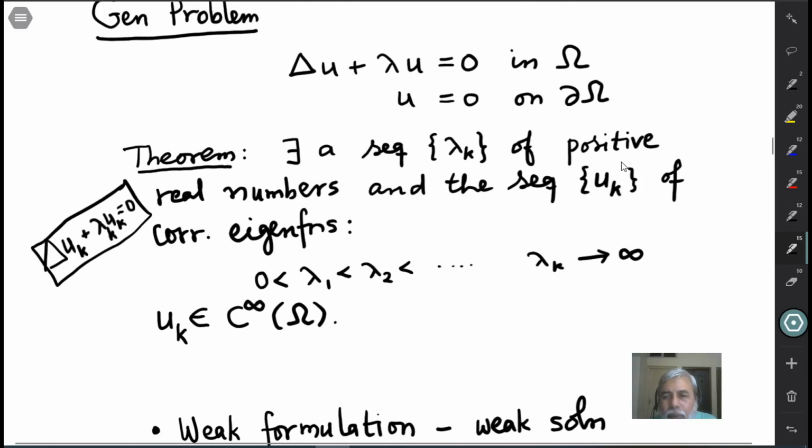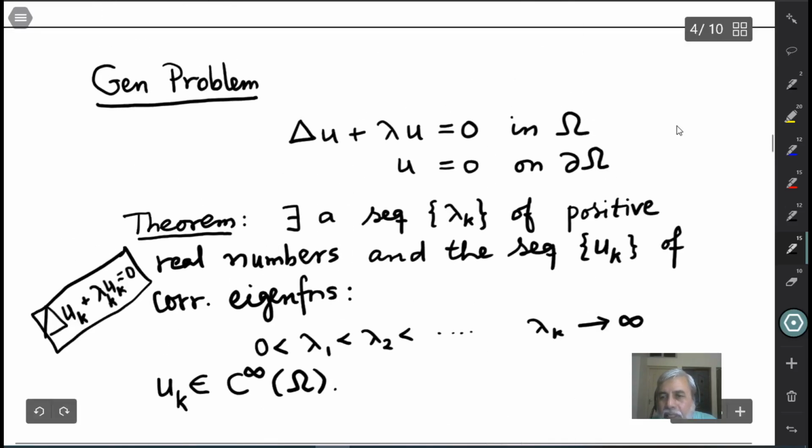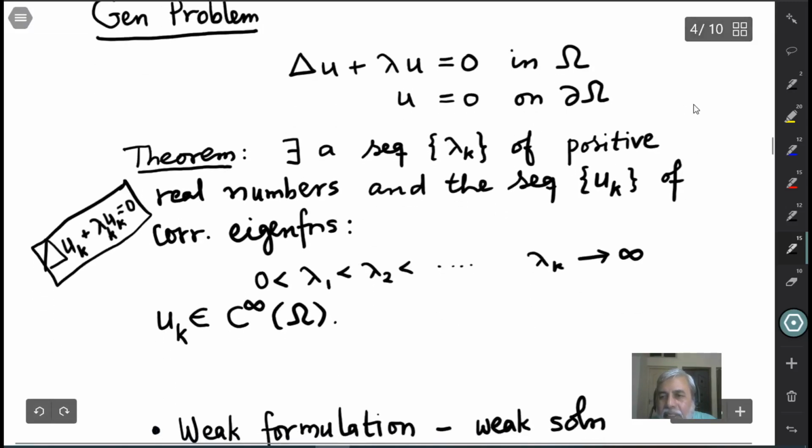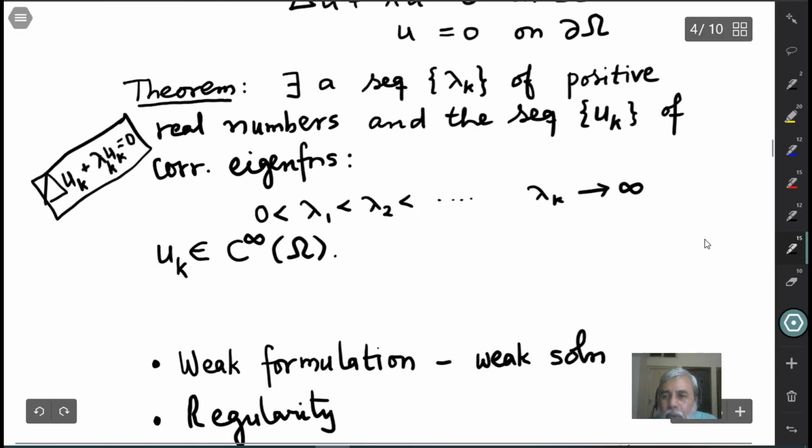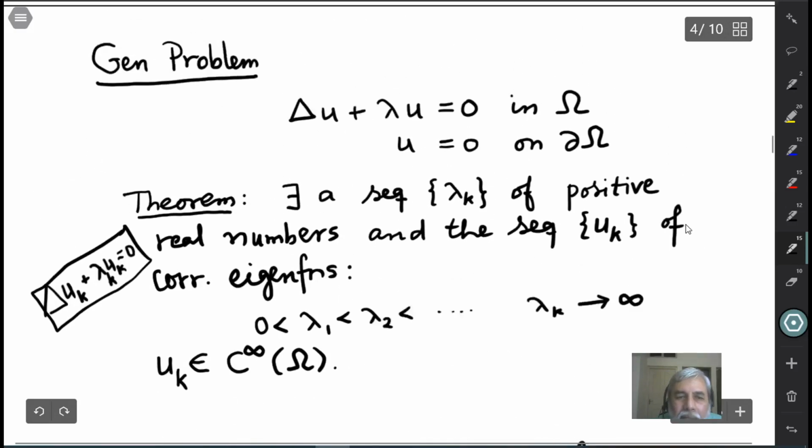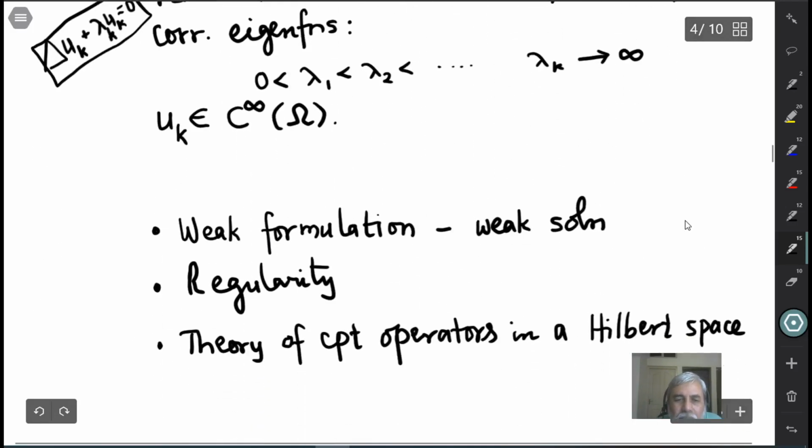So the proof of this theorem is very much non-trivial. Okay, I just would like to impress upon you. So a usual method of proving this theorem is as follows. Okay, first you go to the weak formulation and obtain a weak solution, and then you use regularity results to prove that the solutions are actually C infinity functions.